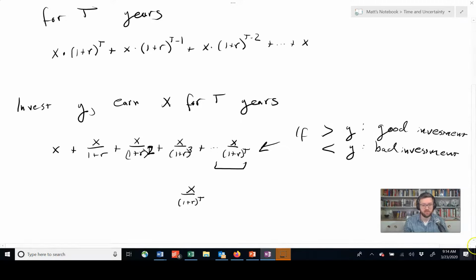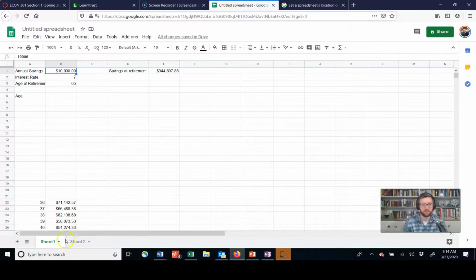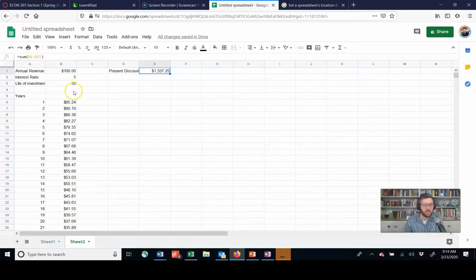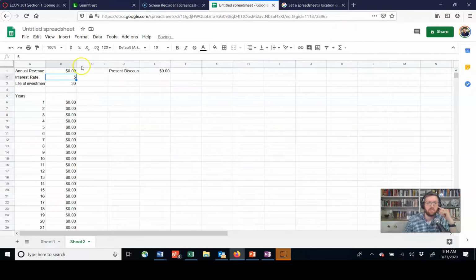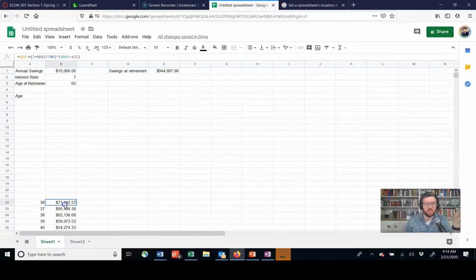So let's look at how we set that up in Sheets. So here we've got, I'll change this to 0 to begin. We've got something with an interest rate of 5, an investment that's going to last 30 years, and let's look at what this formula is saying. Remember, before we were taking income and multiplying it by the number of years that it's going to be earning interest.